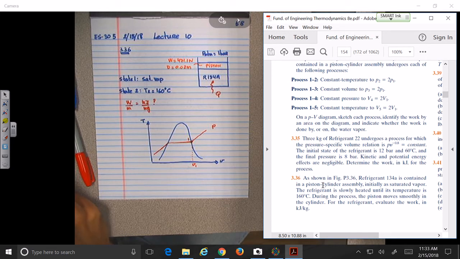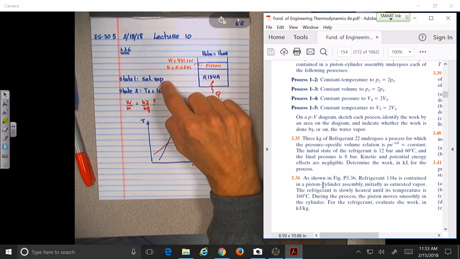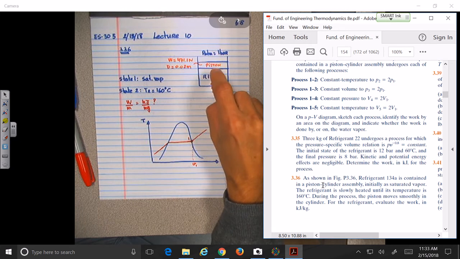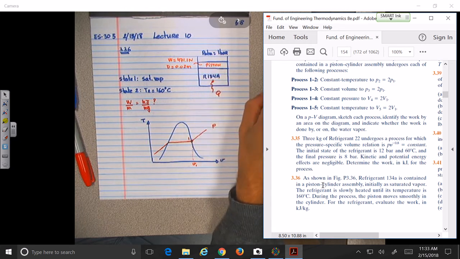Do you have any questions? Do you understand what needs to be done in this problem? Basically, every time you do a problem, in order to go to the tables, you need to know two things. Can you know the pressure inside? You can find it.